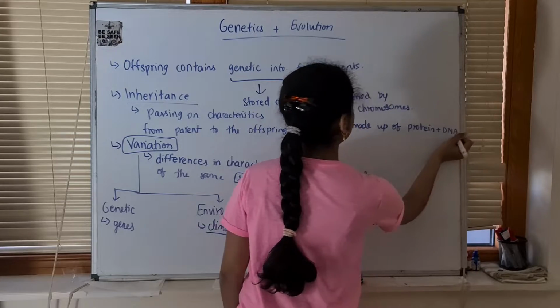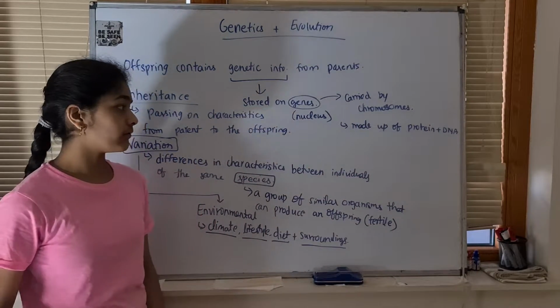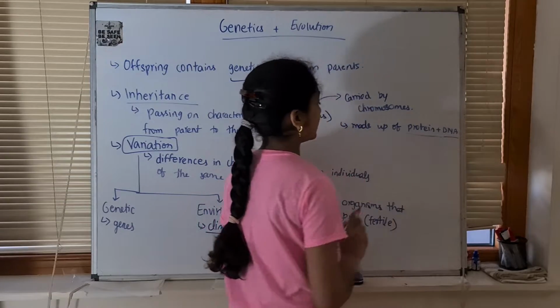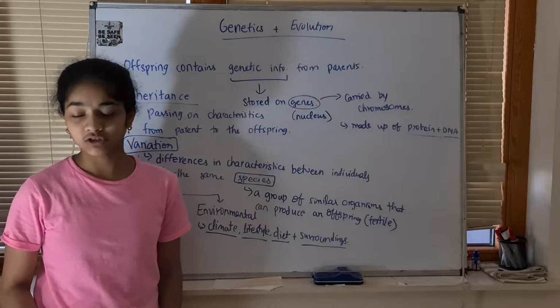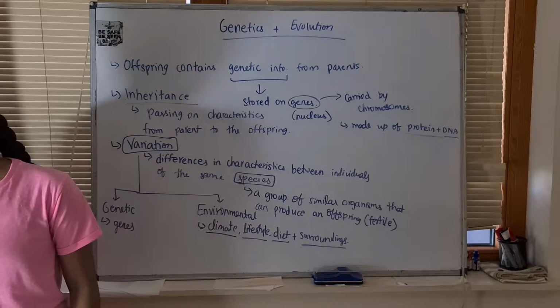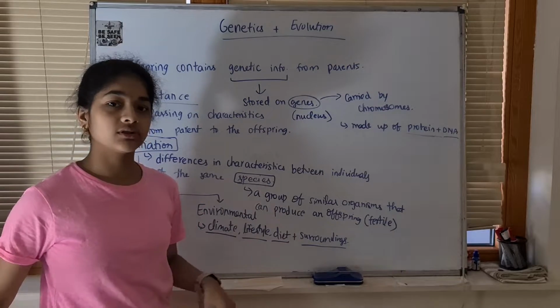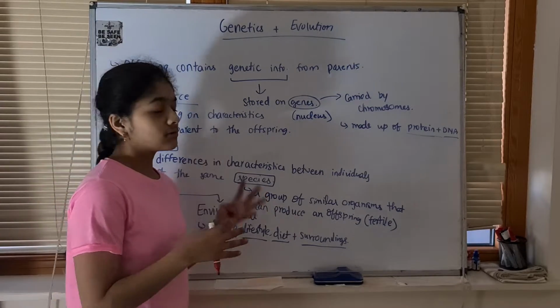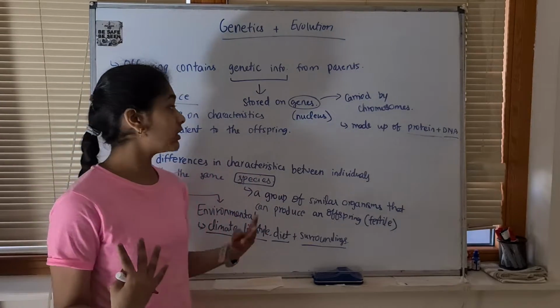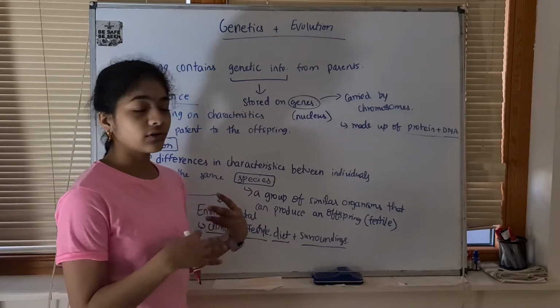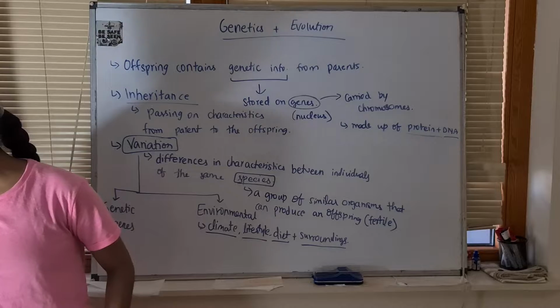DNA stands for deoxyribonucleic acid. So these genes have different functions. Different genes have different functions. Some genes are responsible for eye color and some genes are responsible for hair color and things like that.